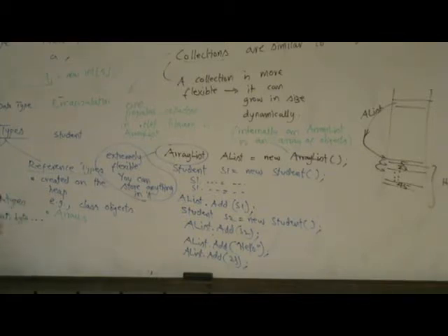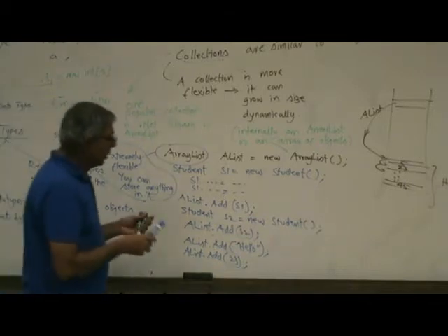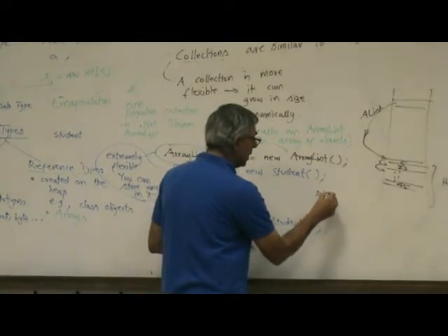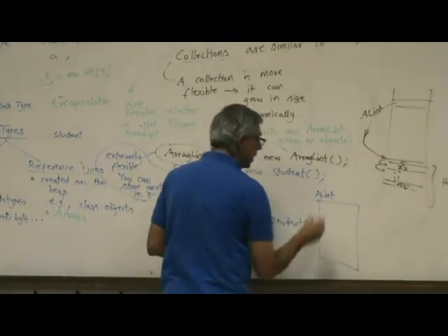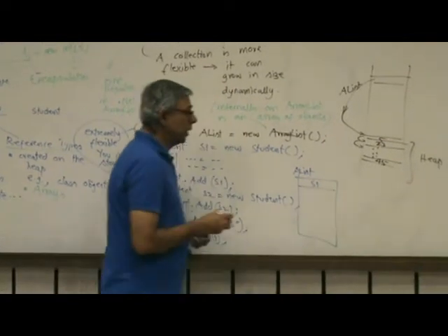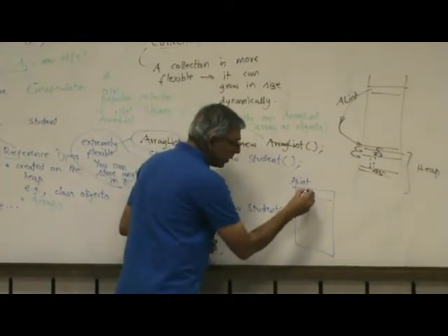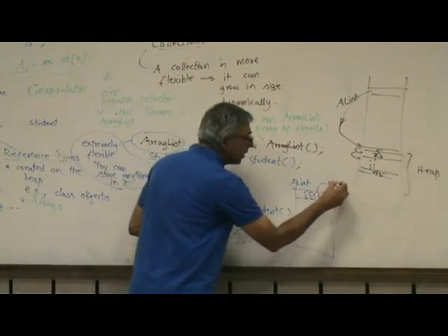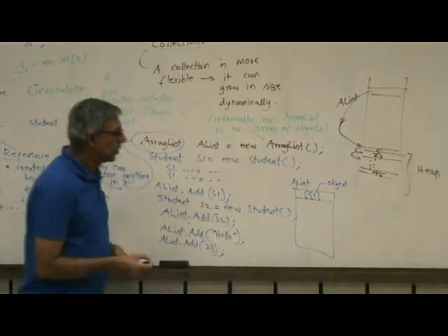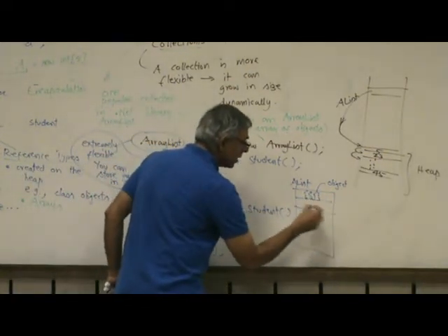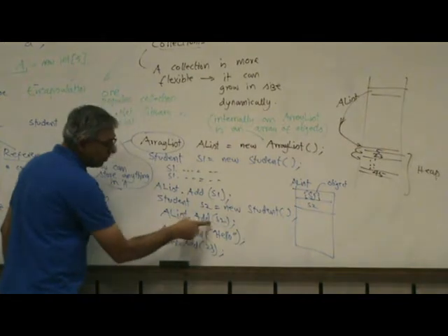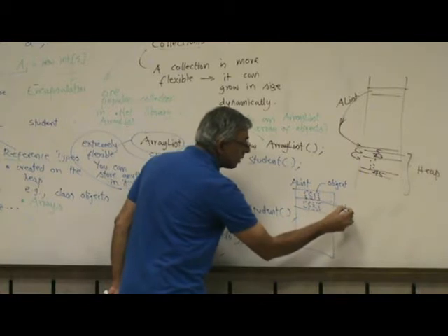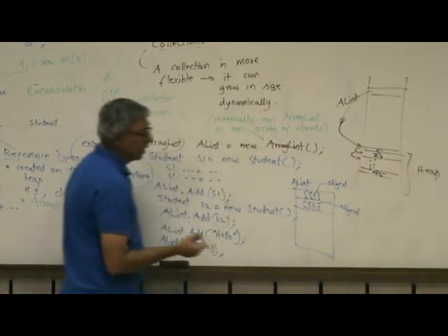So everything that it stores, for example, once we do S1, if this is our A list in the memory, once we store S1, it puts a wrapper around it, or a box around it, and converts it to an object. Same way as S2 is added to the array list, again a box is created around it and it converts the student into an object.